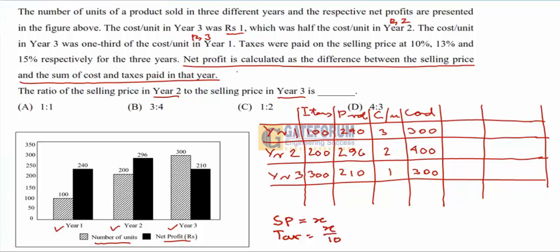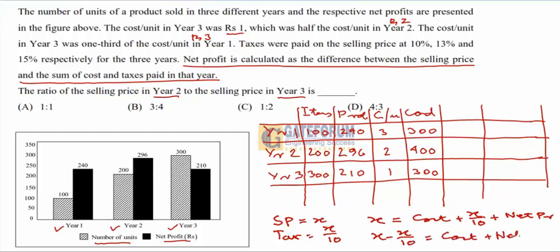As per the criteria, net profit is calculated as the difference between the selling price and the sum of cost and taxes. So we can say X is equal to cost plus X by 10, which is the tax, plus the net profit. So technically speaking, X minus X by 10 is equal to the cost plus the net profit. So basically selling price minus tax is the cost plus net profit.